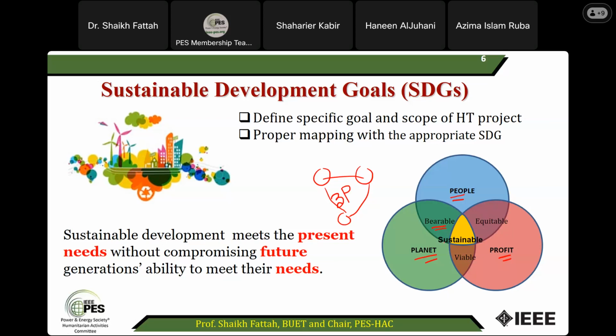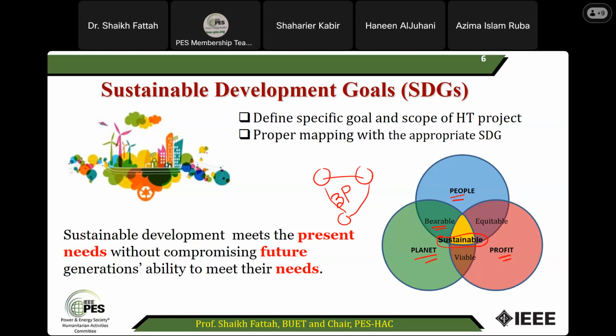So altogether, you see, it's the sustainability. Every project, generally, you are doing for the local community. That means you are doing something for the people, but you are taking the resources from your nearby areas.